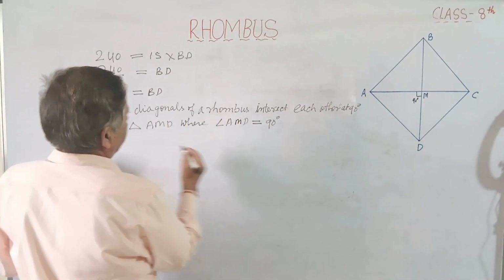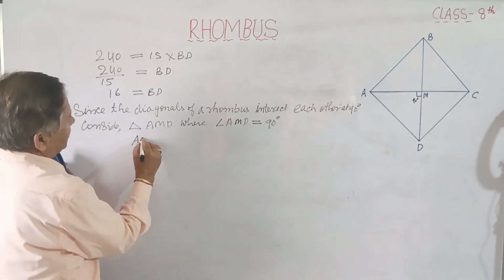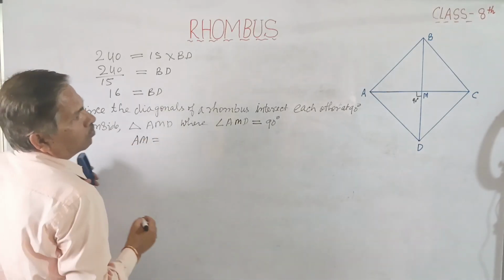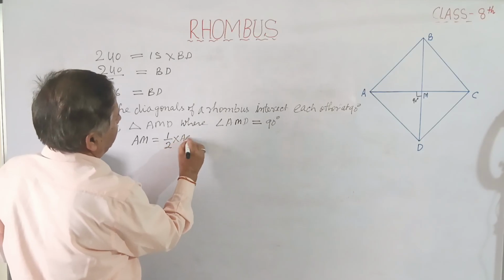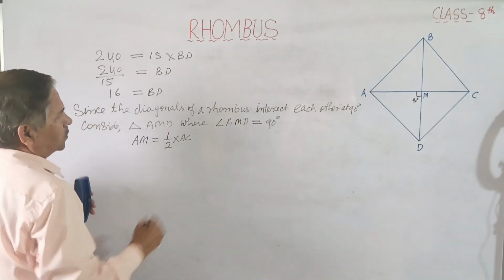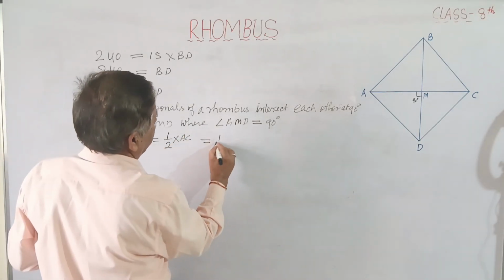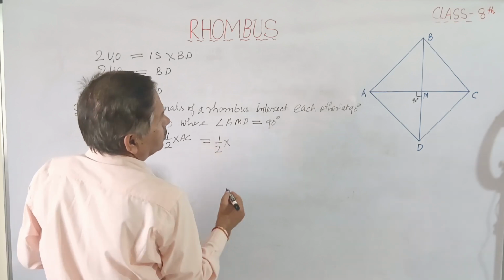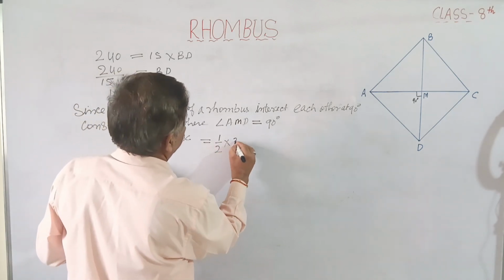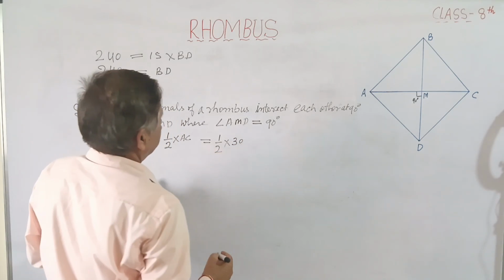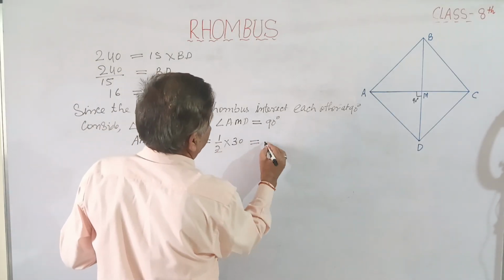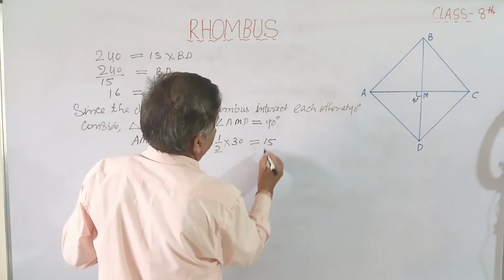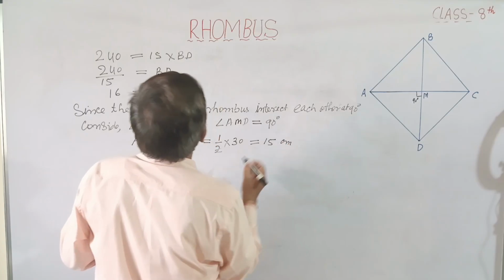Now AM is half of AC, that means it is 1 by 2 of 30, and if we cut it we will get 15 centimeter.